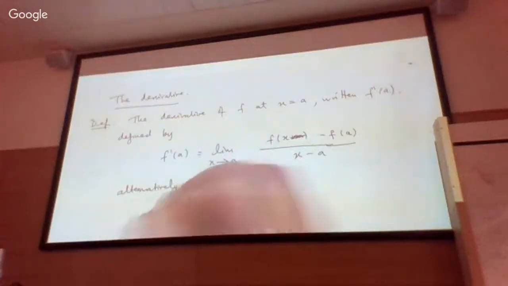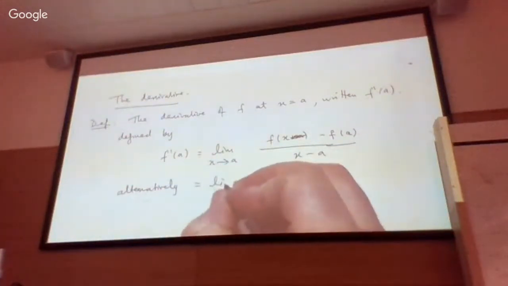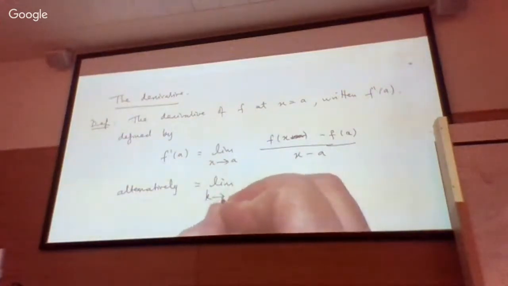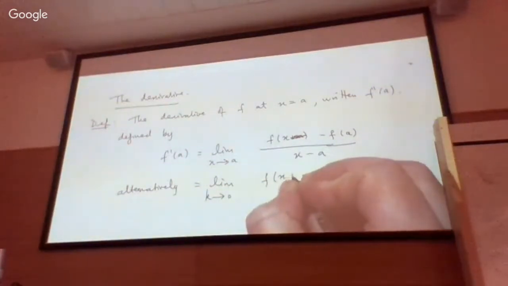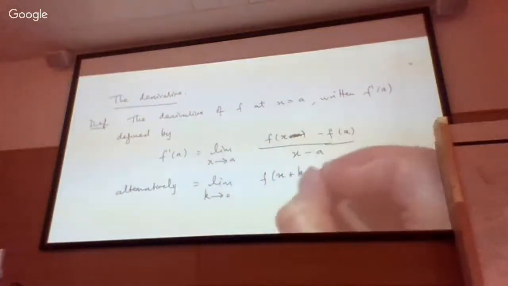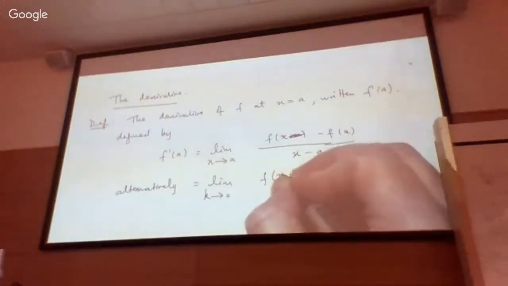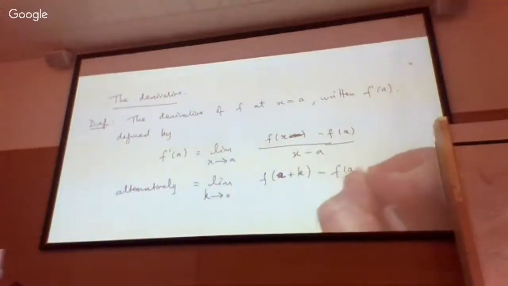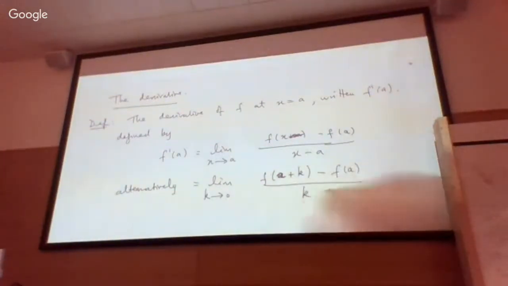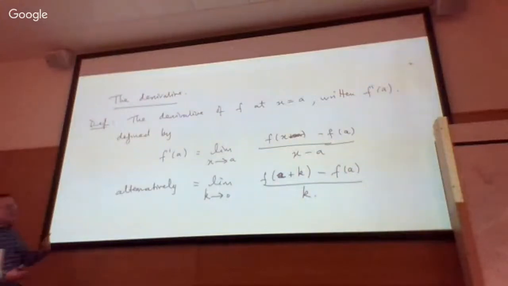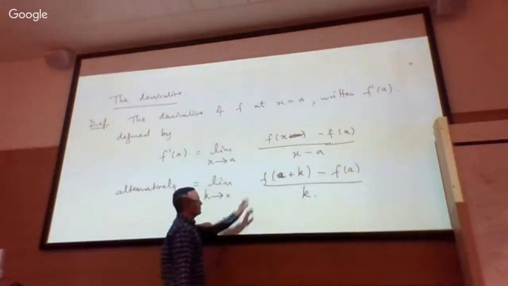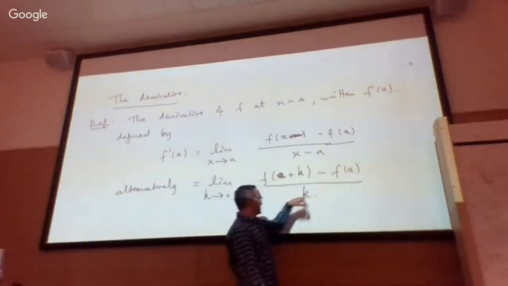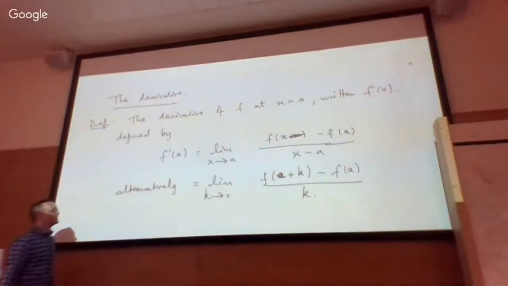Alternatively, another way of writing it equivalently, you can also say that it's the limit as k approaches 0, and you can write the fraction slightly differently: f of a plus k minus f of a, over the difference between the 2 points a plus k and a, which is obviously this difference k.